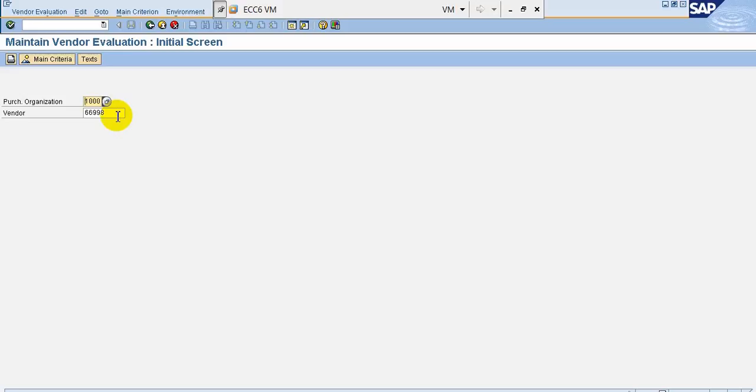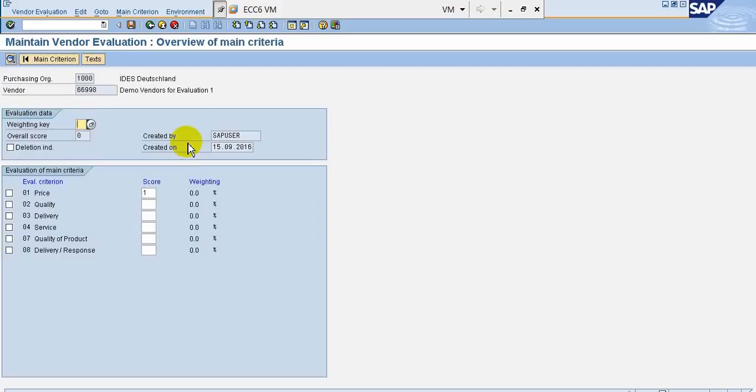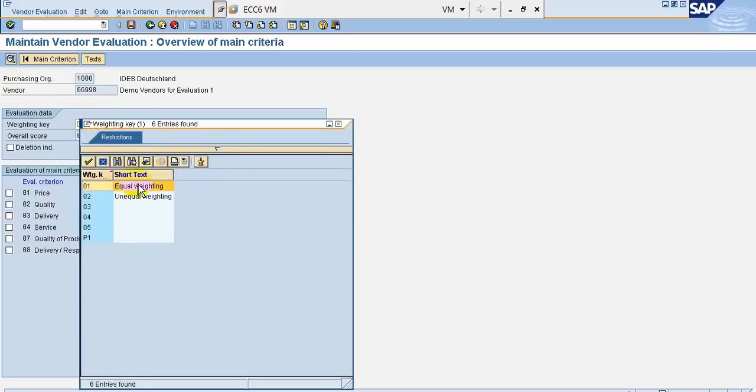It doesn't have any data in it, so it cannot extract any information from there, so that we can see the manual data. So I am just entering into that. I have not assigned any weighting key, so we can assign a weighting key. I am taking equal weighting here.